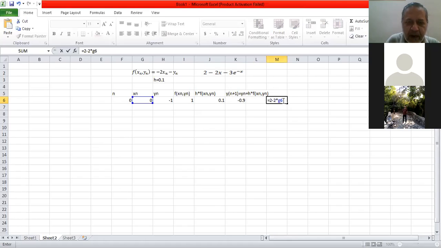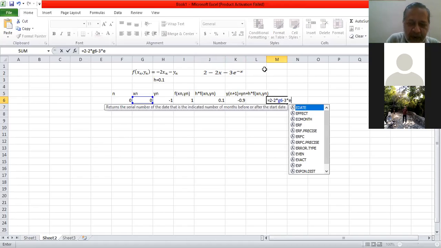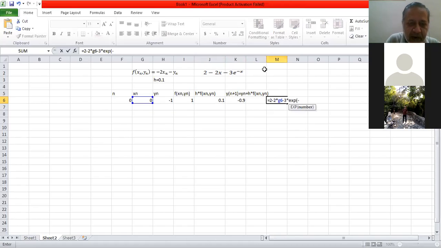So we were writing down the exact solution value: 2 minus 2x minus 3 times exp of minus G6. This exact solution is at x naught, so y naught is reproduced.